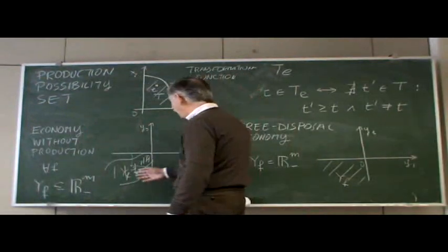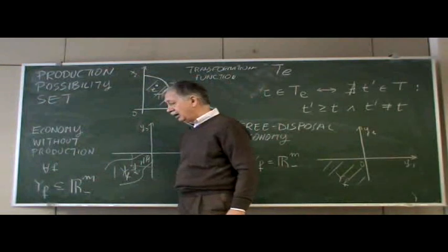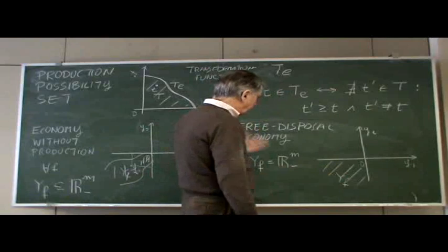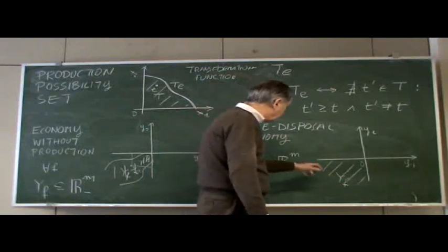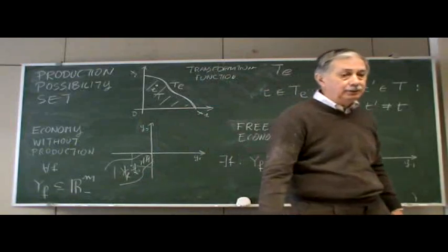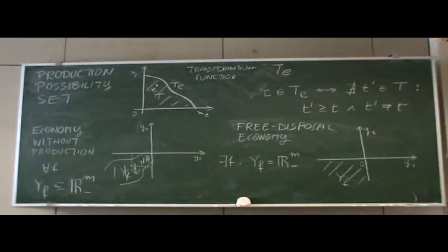In the previous case, YF was a subset of this. In this case, YF is exactly equal to the non-positive orthant.